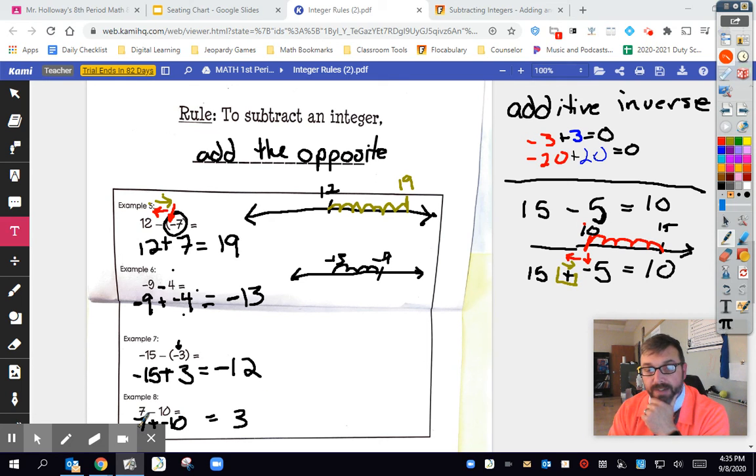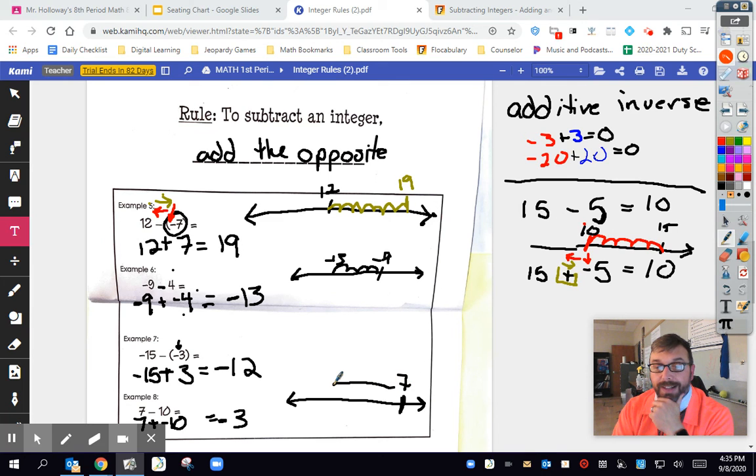So is +7 or -10 have the larger absolute value? 10 has the larger absolute value, so it's going to be a negative. And I'm going to do the negative sign right there. If you don't believe me, draw a number line. Start at 7. Go to the left 10 times. And tell me what you wind up on.